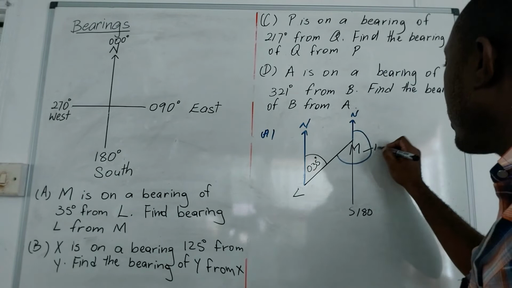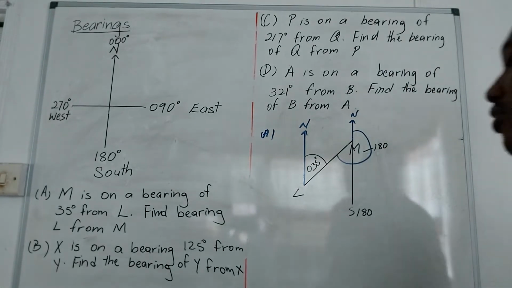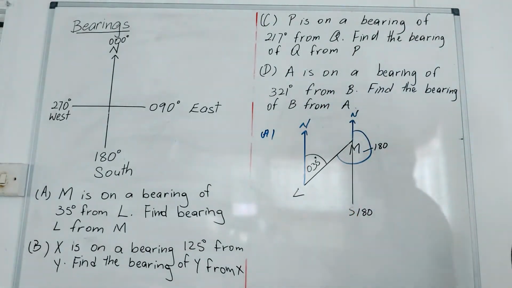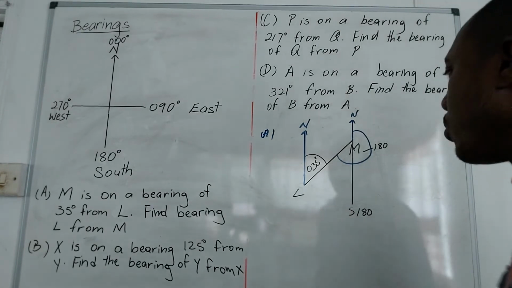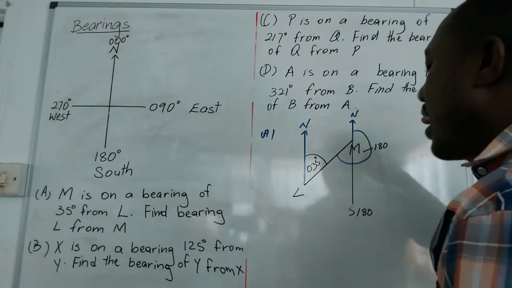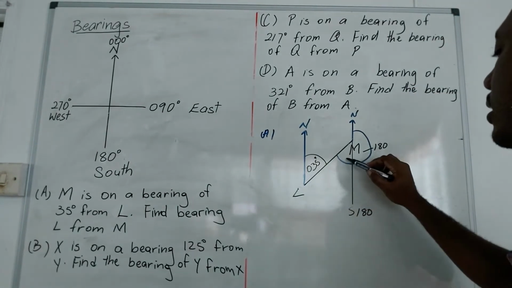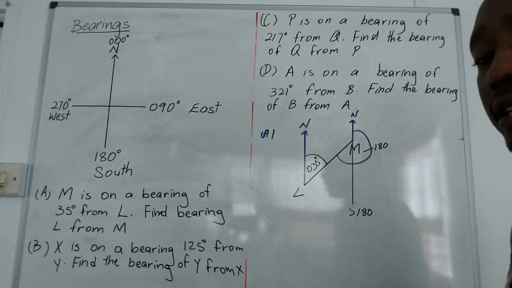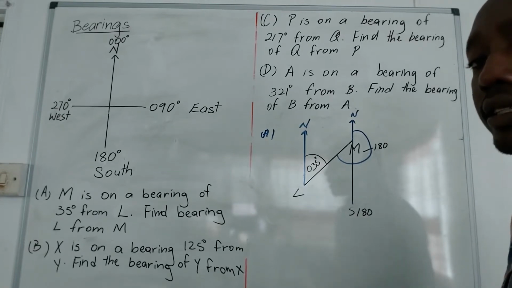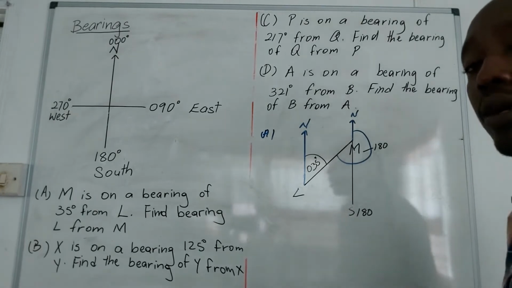Now, reminding ourselves of the theories from parallel lines, where a transversal line cuts two parallel lines, these two angles are alternate angles, or Z angles, and Z angles are equal to each other.